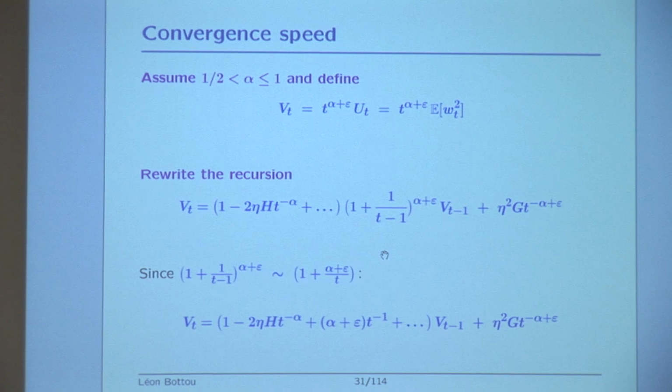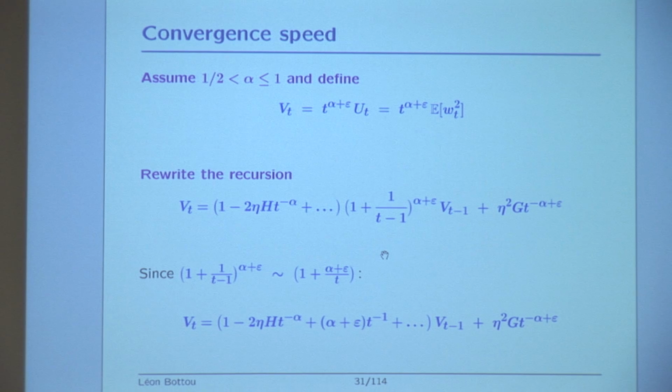So I'm going now to take alpha between 1/2 and 1 and define v_t to be t^(alpha plus epsilon) u_t. If I show that v_t goes to infinity, it tells you that the residual error decreases, but not as fast as 1 over t^(alpha plus epsilon). And if it goes to 0, that means that the residual error decreases faster than 1 over t^(alpha plus epsilon).